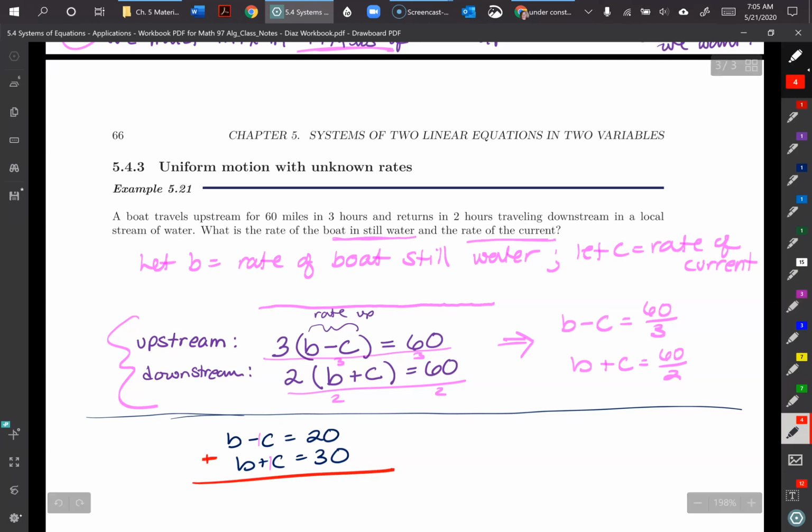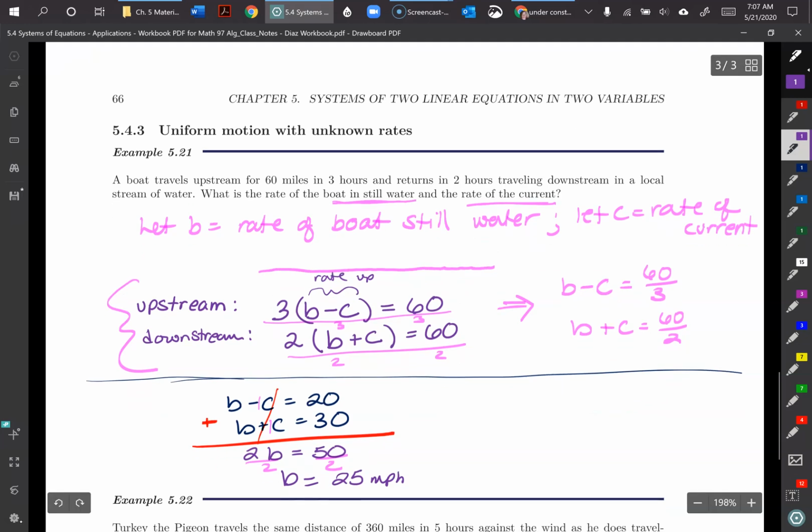Add those together and I end up getting 2B equals 50. Then I can divide both sides by 2, and I get my boat rate equals 25 miles per hour, which is given in miles per hour. When your boat is really, you do knots, but that's okay. We'll ignore that part.